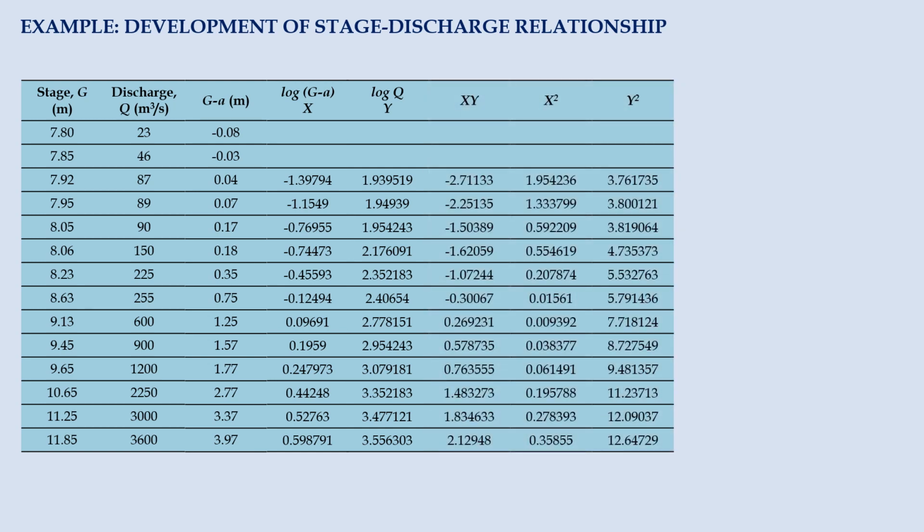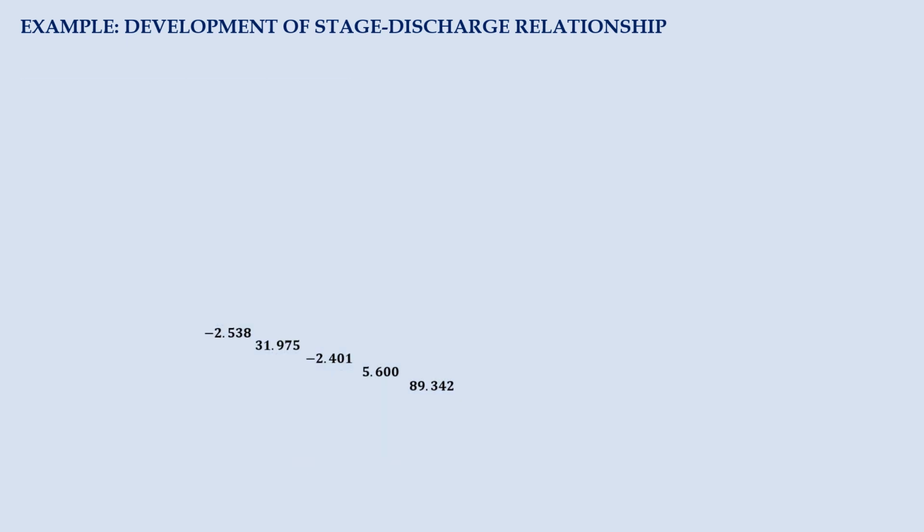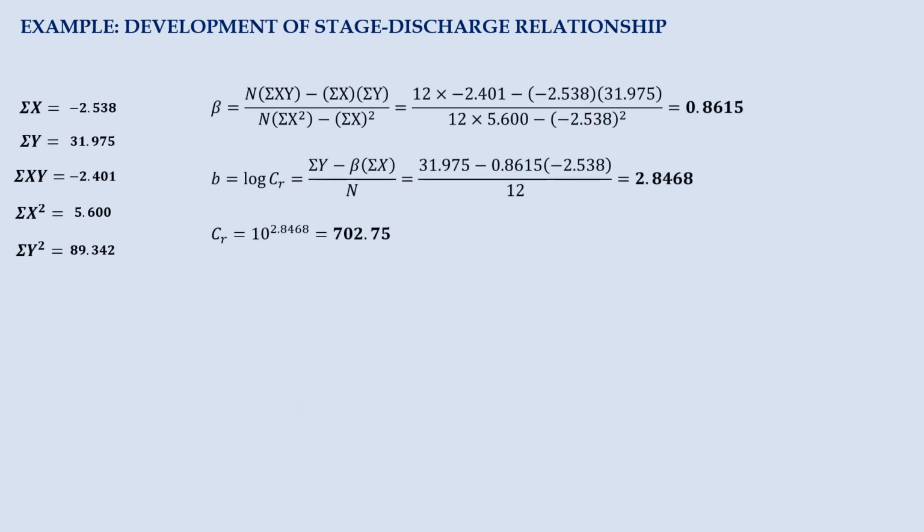Afterwards, we will append 3 more columns, namely xy, x squared, and y squared. Finally, we calculate the columnar sum for x, y, xy, x squared, and y squared. The subsequent step is straightforward.